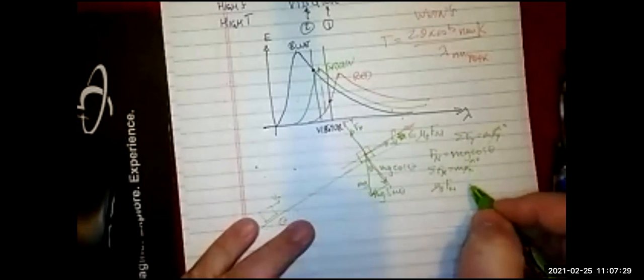It might be less than that. But in fact, that minus mg sine theta has got to be, let me make sure, no, it's got to be greater than or equal to 0. Sorry about that.